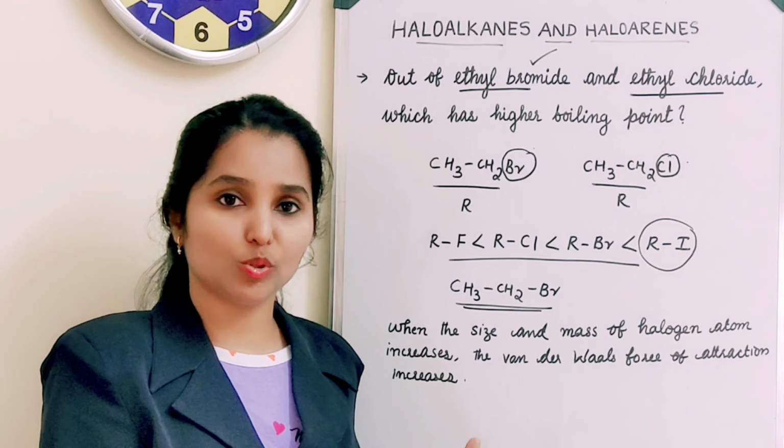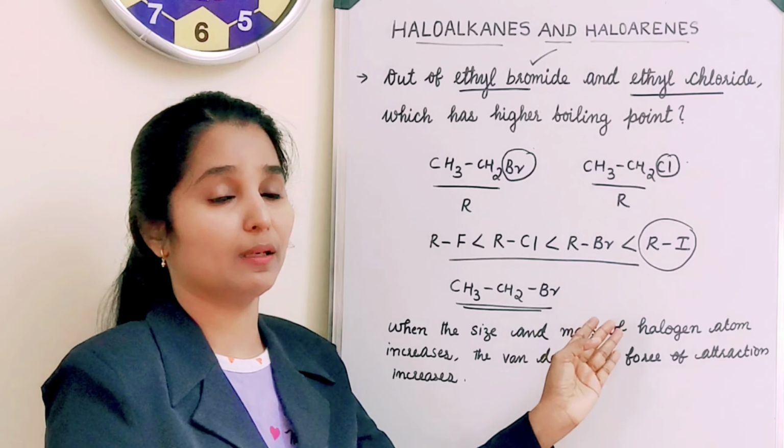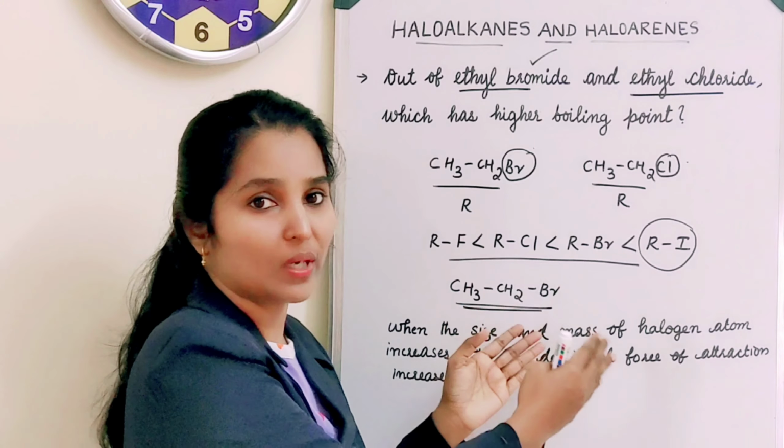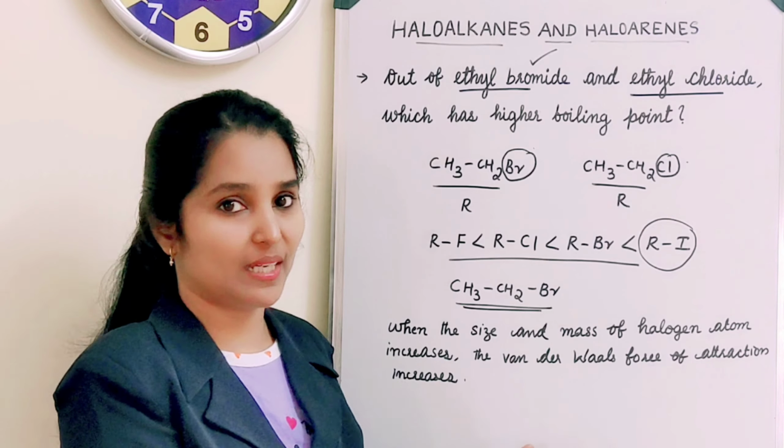So here we have ethyl bromide with a higher boiling point than ethyl chloride, or you can just rely on this particular order of increasing boiling point and select the one with the higher boiling point. Anyway, according to your convenience, you can give the answer.